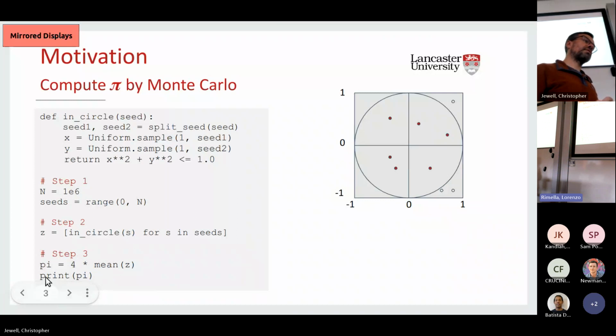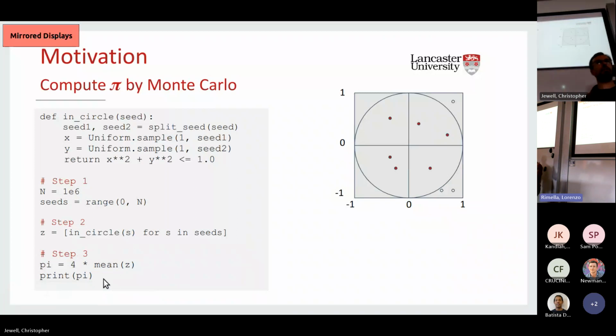And then I've got this print operation down here. And print, as we all know, is just going to print the value of what's in this thing called pi out to the screen. All right. So far so good.